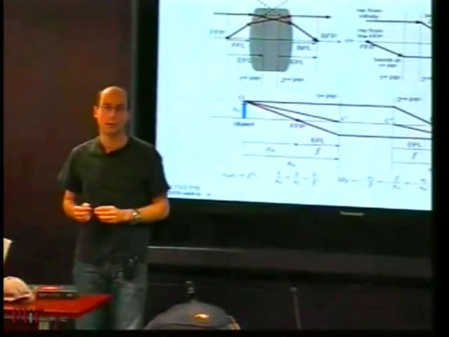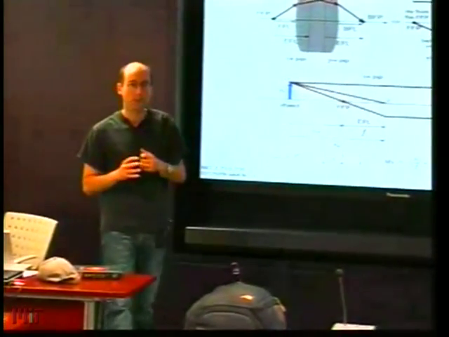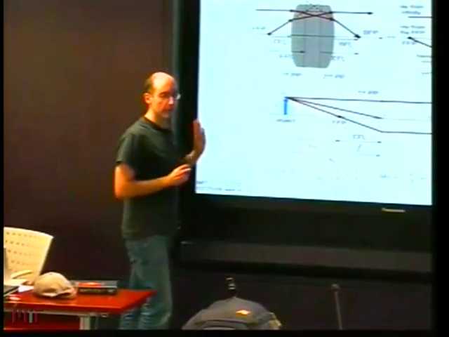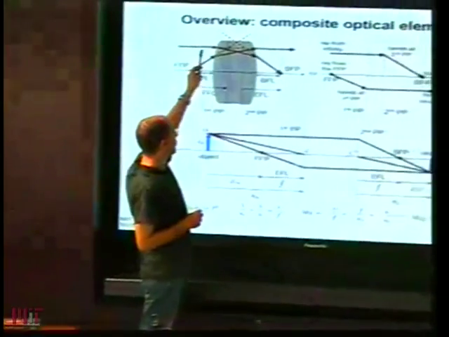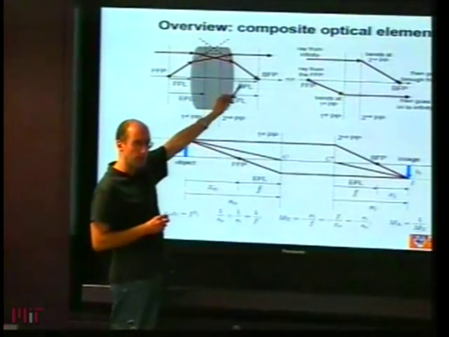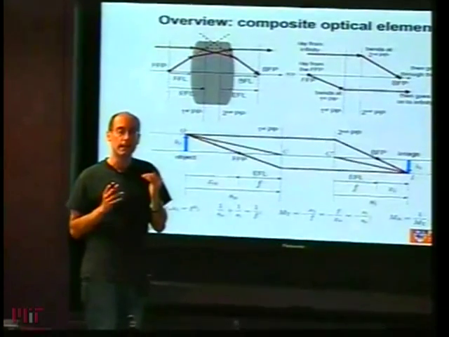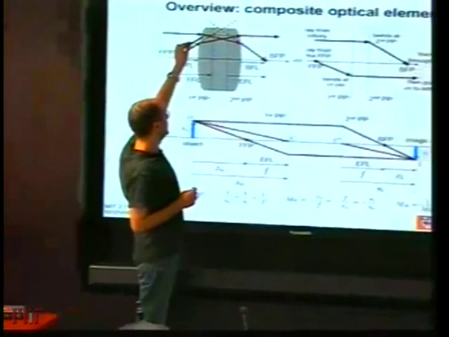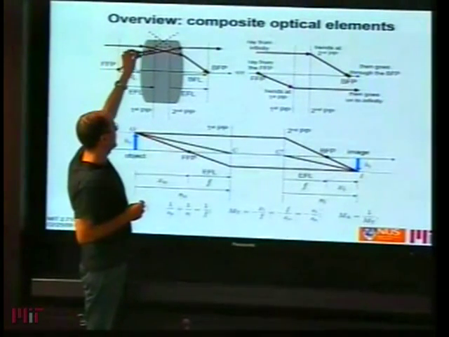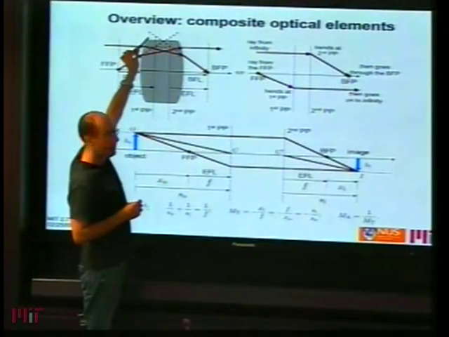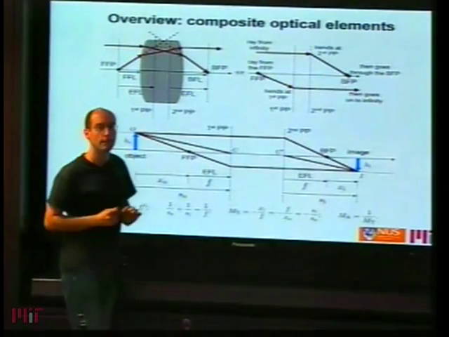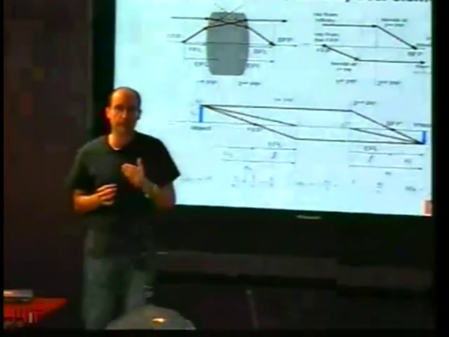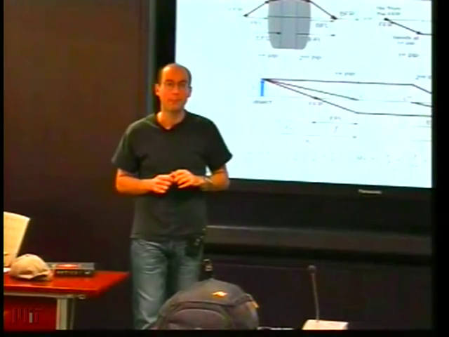I don't want to go back into that formula. It just comes out of the algebra. What I really want to emphasize in this case is that even though the ray refracts doubly, we can pretend that it only refracted once. And we can do that by extending the incoming ray, extending the outgoing ray, and then the plane where they intersect is called the principal plane.